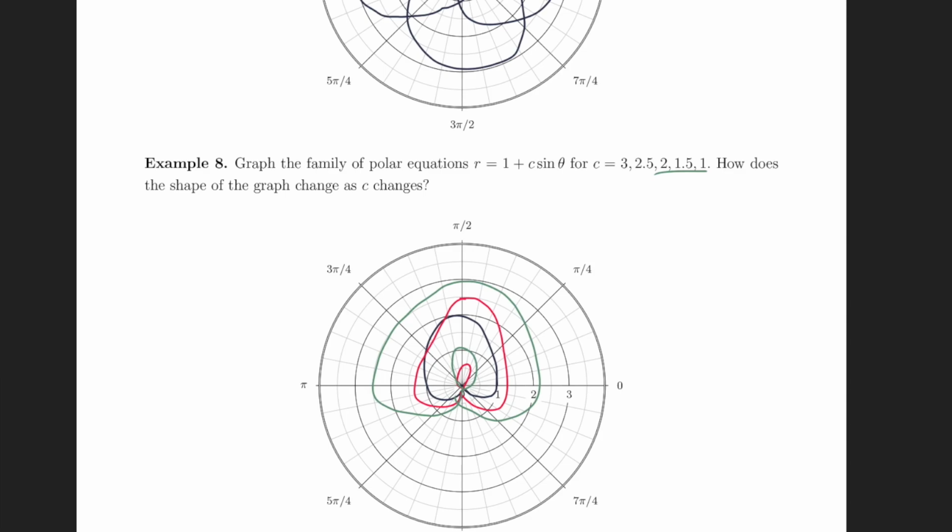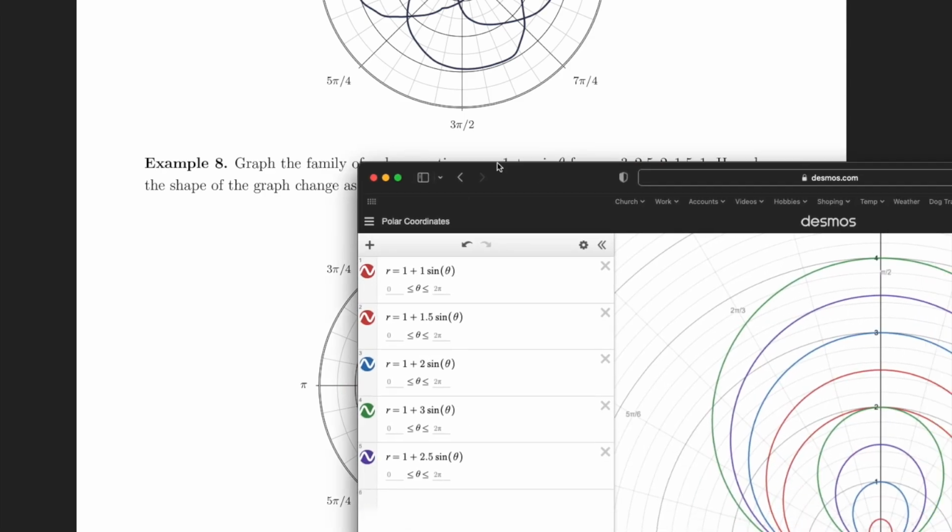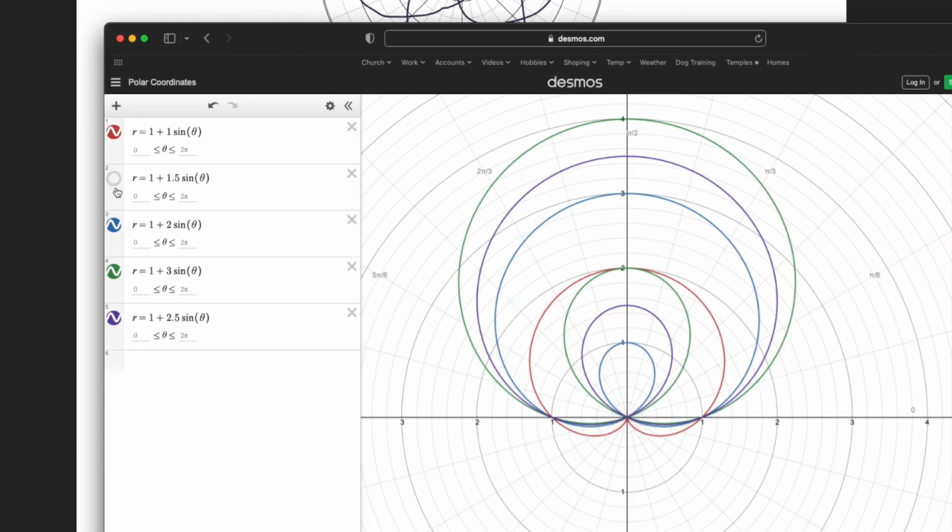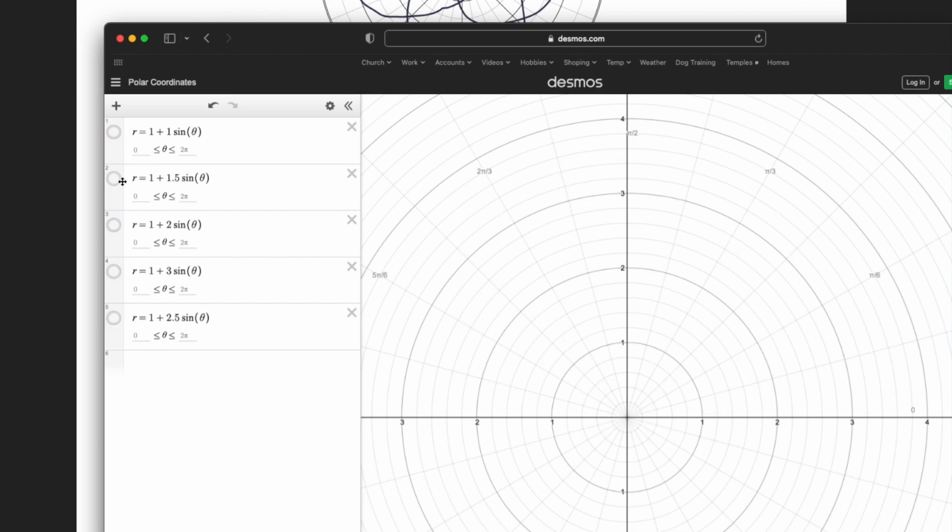So polar graphs can get very complicated, but all we're doing here, let's just take this for example, is plugging in here and calculating, okay, well, that's 1 plus 0, this is 1 plus pi over 2, this is 1 plus 1, and then each angle is just calculating this for each one of these.